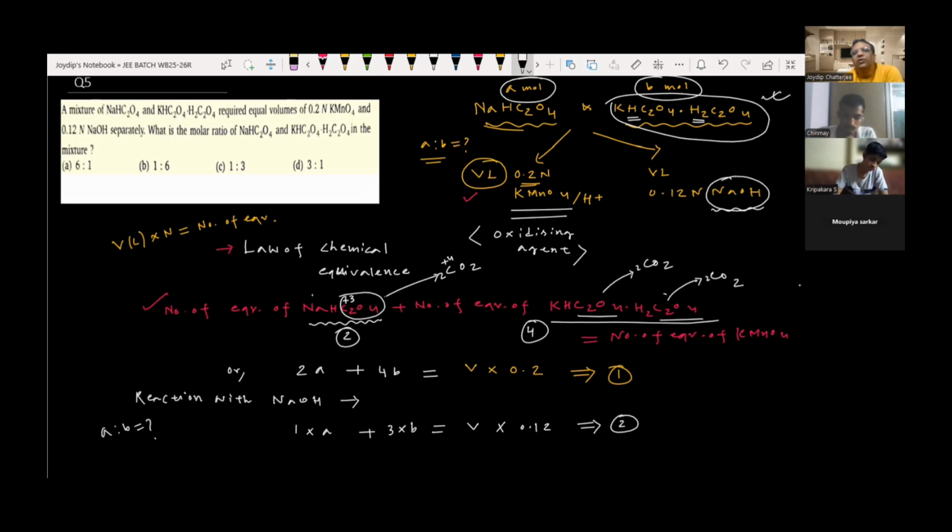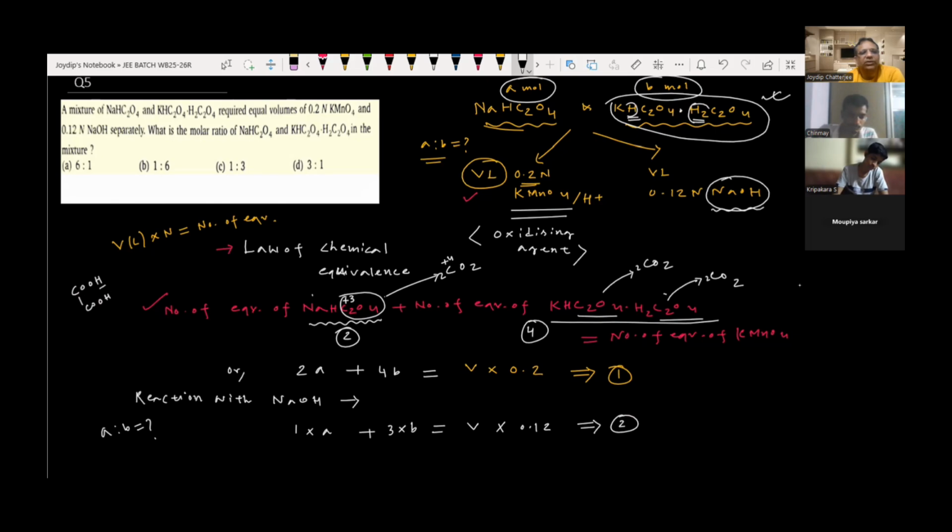This is oxalic acid. Actually this is an addition compound, a dot is there, so two compounds are joined together. This is the oxalic acid part. Here two acidic hydrogens are there, and here one acidic hydrogen.